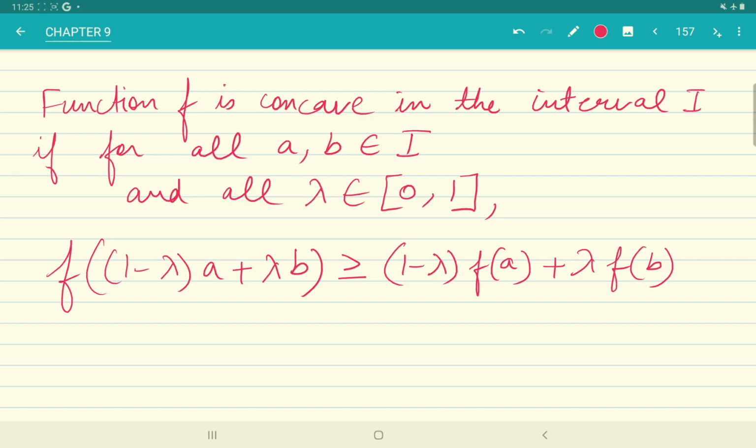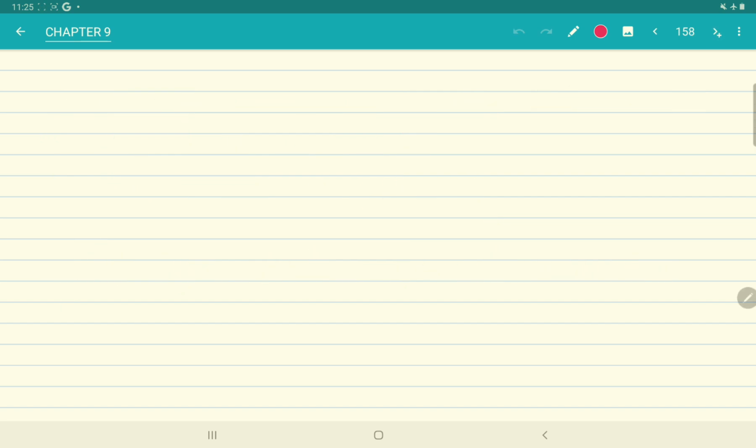Now I know that if minus f is concave, that means f is convex. So this is also something we have to keep in mind.